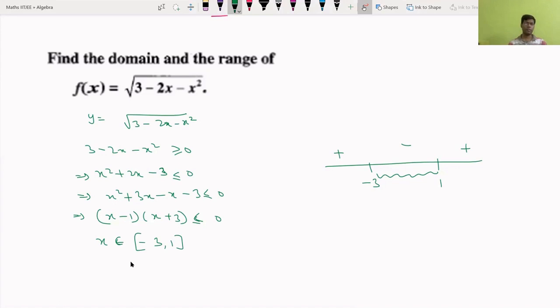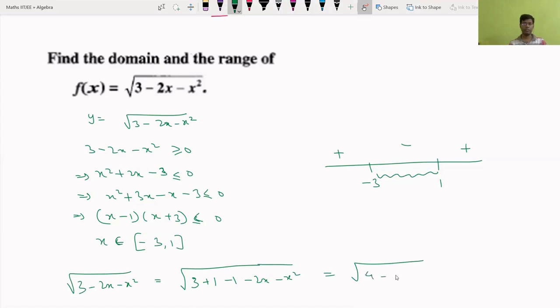And now if I want to find out the range, I want to find out the minimum and maximum value of this particular expression. So let's use this method: 3 − 2x − x² can also be written as 3 + 1 − 1 − 2x − x². Basically I'm trying to convert this into one of the squares.